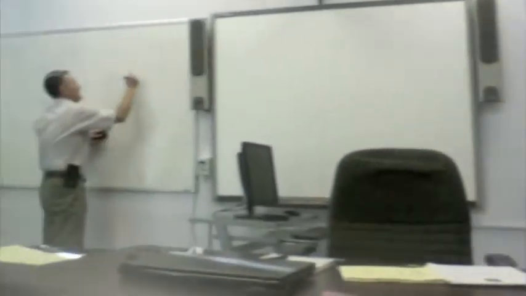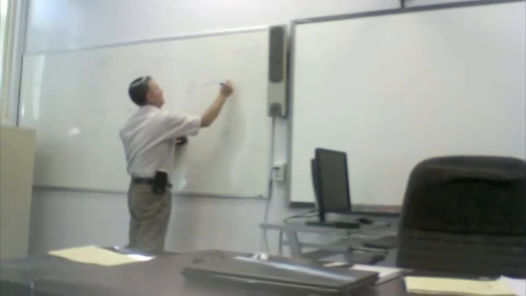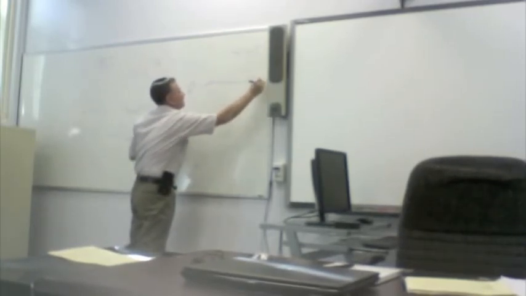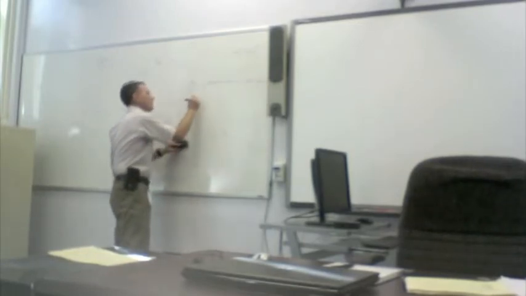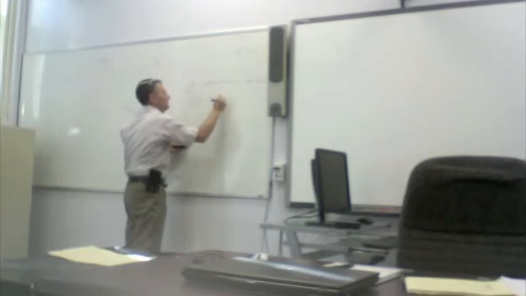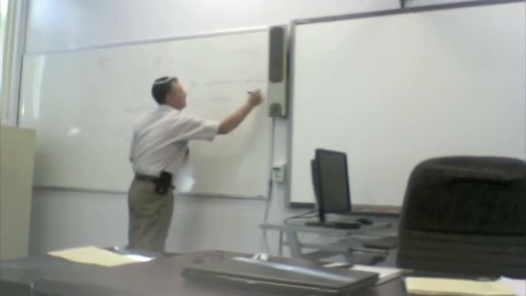So dy/dx represents the instantaneous rate of change. Delta y over delta x represents the average rate of change.